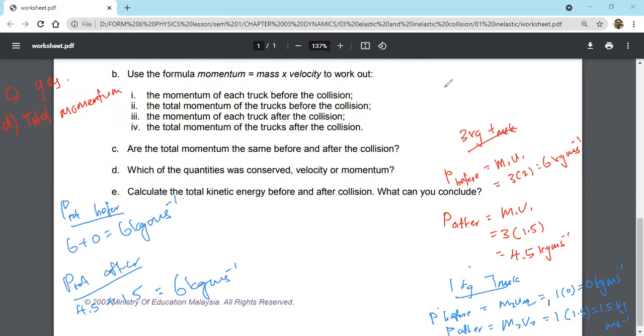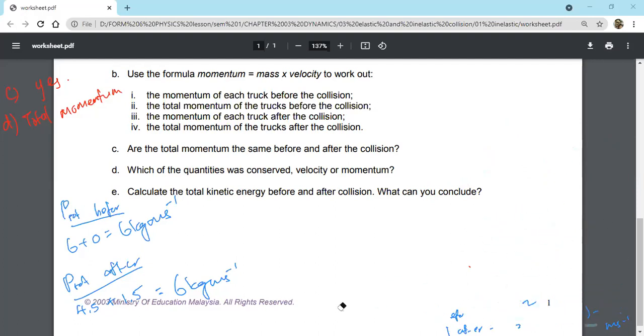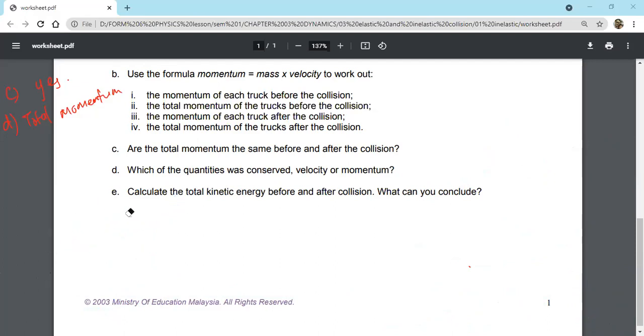If we wish to find the total kinetic energy before collision, E K total is equal to 1/2 m1 u1 squared plus 1/2 m2 u2 squared.